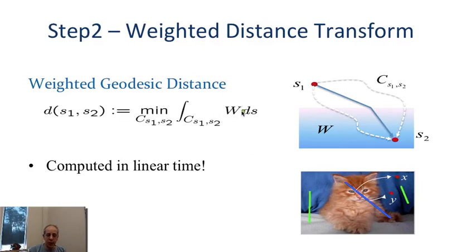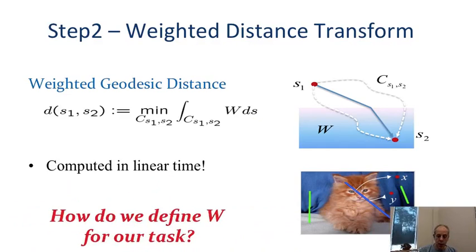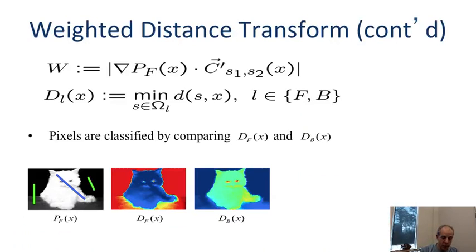So what's W? We just computed, thanks to the scribbles, the distribution of colors. So that's what we're going to use. We're basically going to use that probability that we just computed. And what we're going to think is the following. If, from the pixel where I'm sitting going to the scribble, the probability of being foreground doesn't change too much, that means I'm probably a foreground pixel.